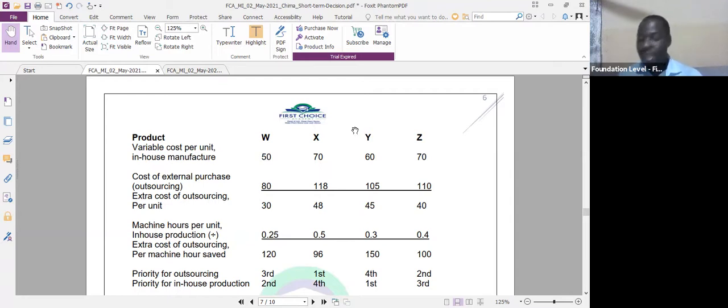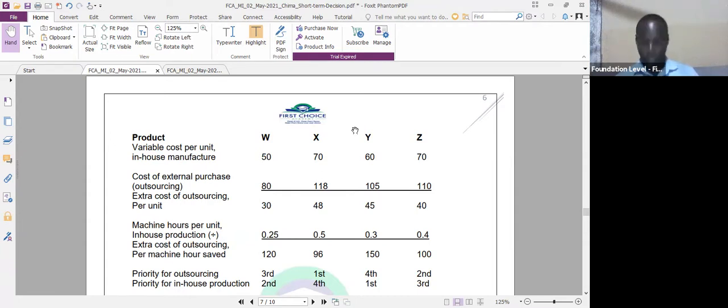So if you decide to give this to a subcontractor, you're going to pay 30 naira extra compared to if you make it yourself. So now that we know our extra cost of outsourcing, we need to look at the machine hours per unit of in-house production.